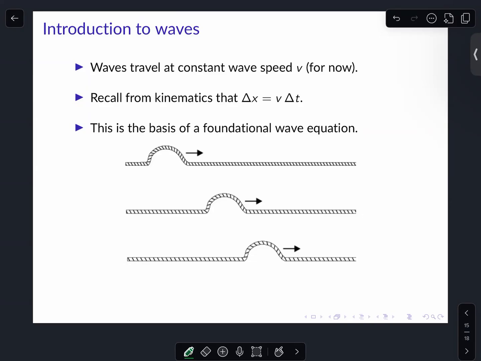So if V is not infinity, whatever I'm doing here, however fast my velocity is here, if it takes more than an instant, that finite V will move the pattern out along the string.